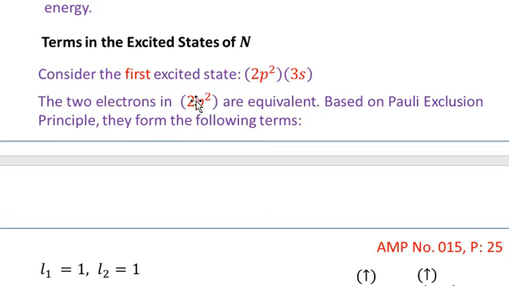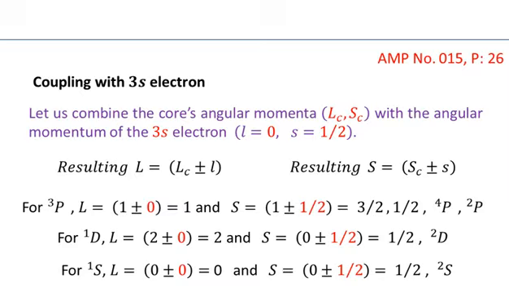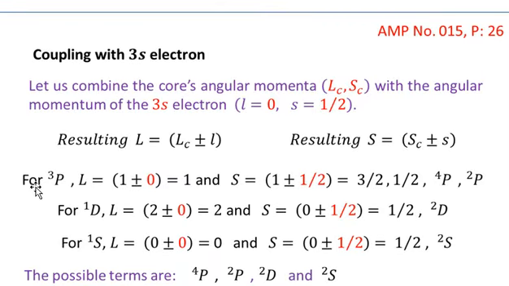And now I am combining the terms obtained from the 2p2 state with the 3s electron. So that's why I have the heading coupling with the 3s electron. Now you see that for 3P, I shall be using these two formulas, that is capital L is equal to LC plus minus L and capital S is equal to SC plus minus S.